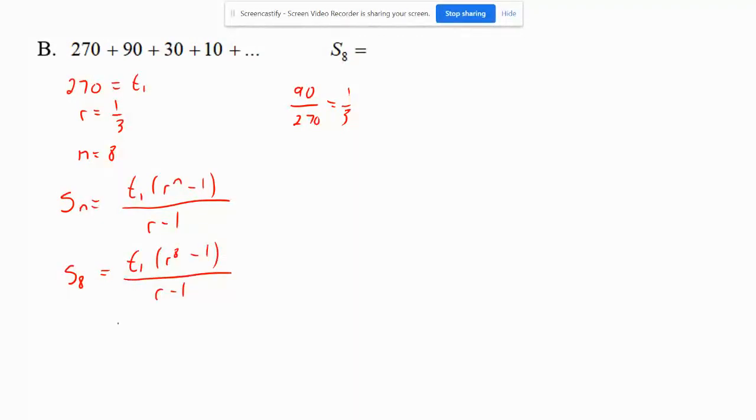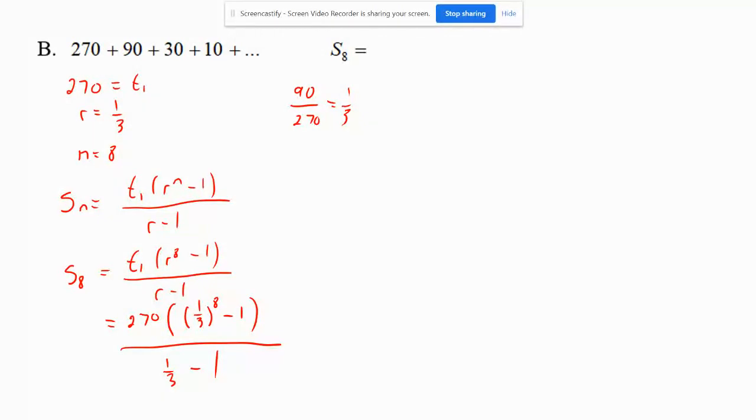Okay, so that equals T1, which is 270, our R is 1/3, so I'm going to put this in brackets to the 8th minus 1 over 1/3 minus 1.